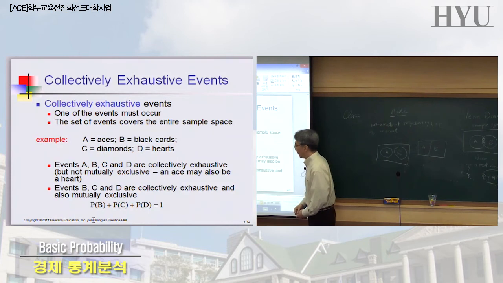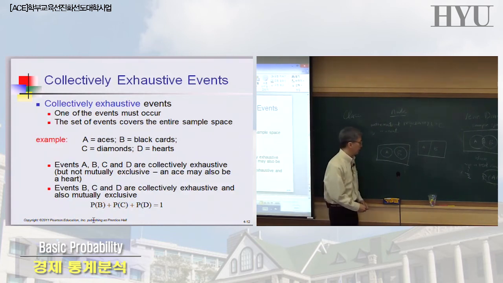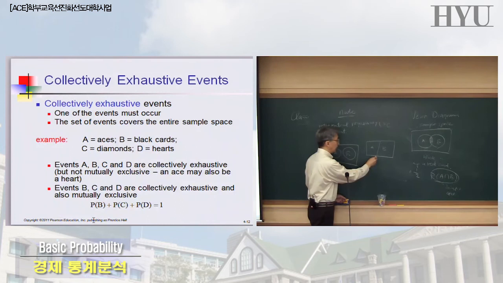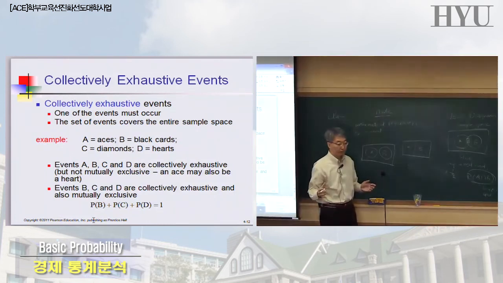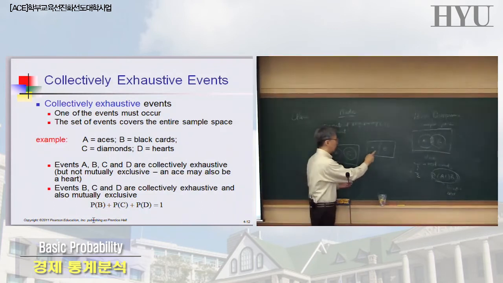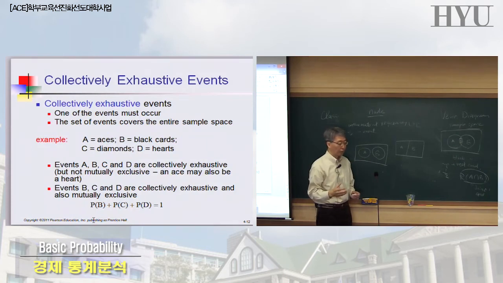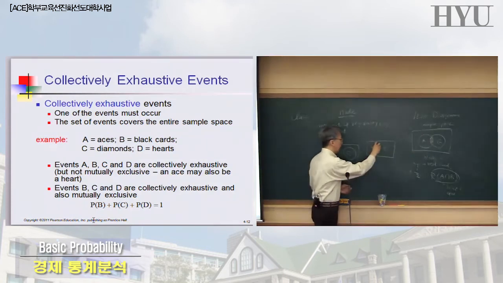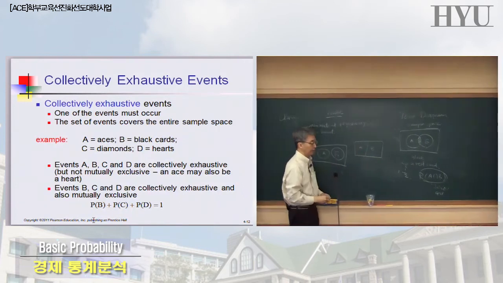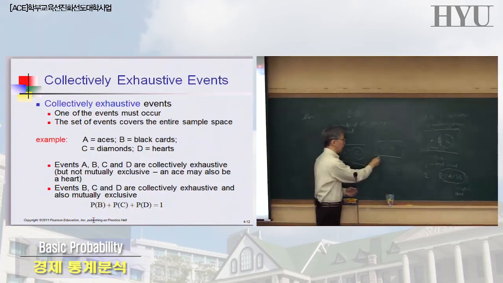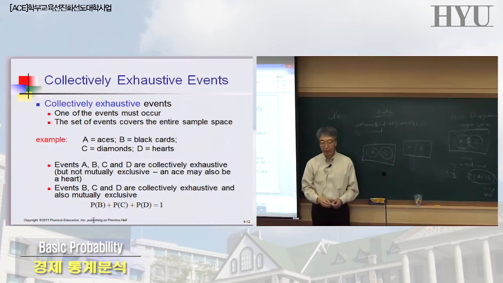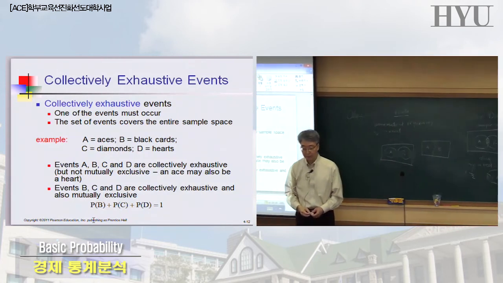Well, here this is a special case. If I draw it this way, you can say these A and B are, first of all, mutually exclusive, because there is no overlapping portion. But then they are also collectively exhaustive, because there is no other possibility. There is no room for other possibility. A and B cover the entire area. So this is the case where A and B are mutually exclusive and collectively exhaustive.